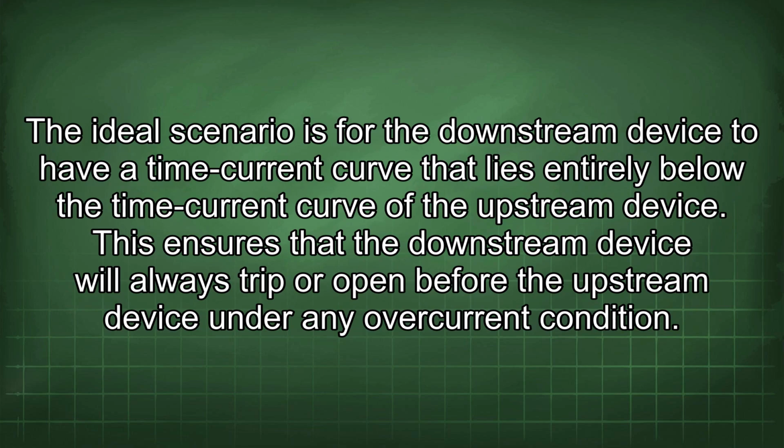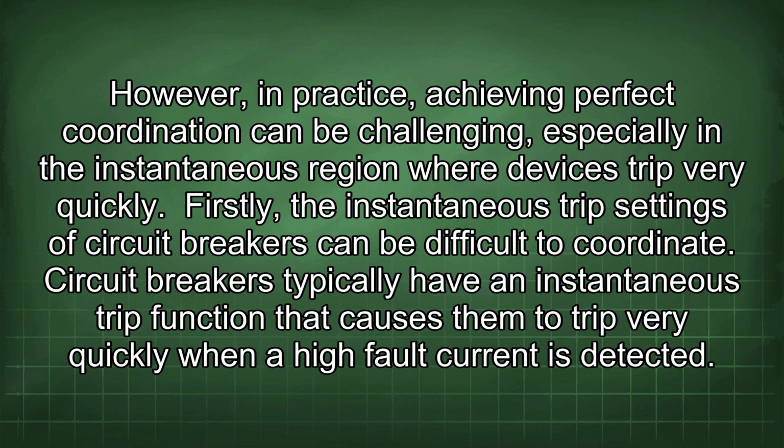The ideal scenario is for the downstream device to have a time current curve that lies entirely below the time current curve of the upstream device. This ensures that the downstream device will always trip or open before the upstream device under any overcurrent condition. However, in practice, achieving perfect coordination can be challenging, especially in the instantaneous region where devices trip very quickly.